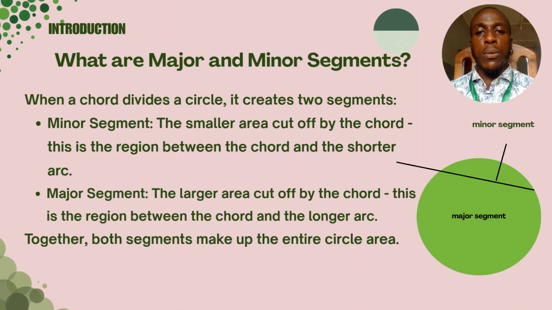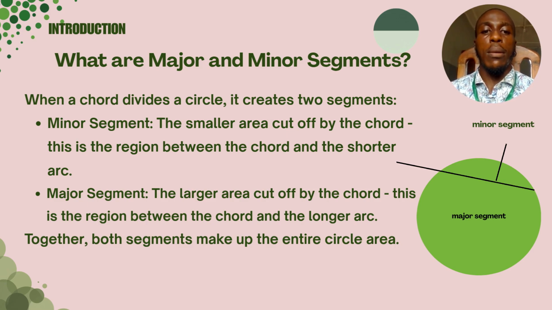Okay, so now the first question is, what are major and minor segments? What are the major segments? What are the minor segments? The first thing for you to know is that when a chord divides a circle, it creates two segments. A chord is a line that is drawn from one part of the circumference to the other part of the circumference.